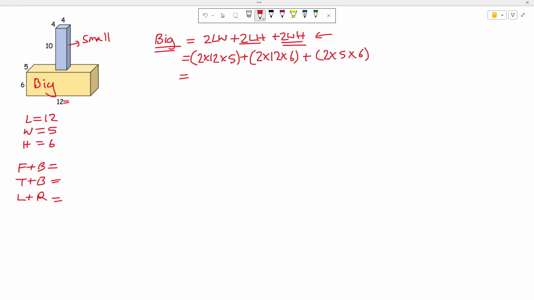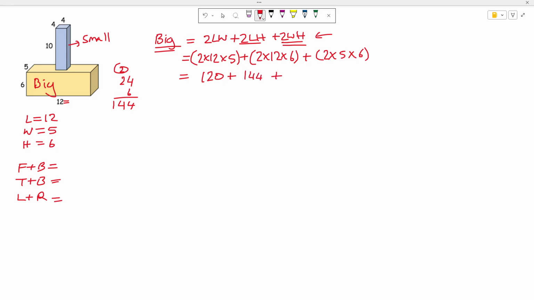Alright, so what are we going to have here? 2 times 12 is 24, 24 times 5 is going to give us 120, plus 2 times 12 is 24, 24 times 6 gives us 144.